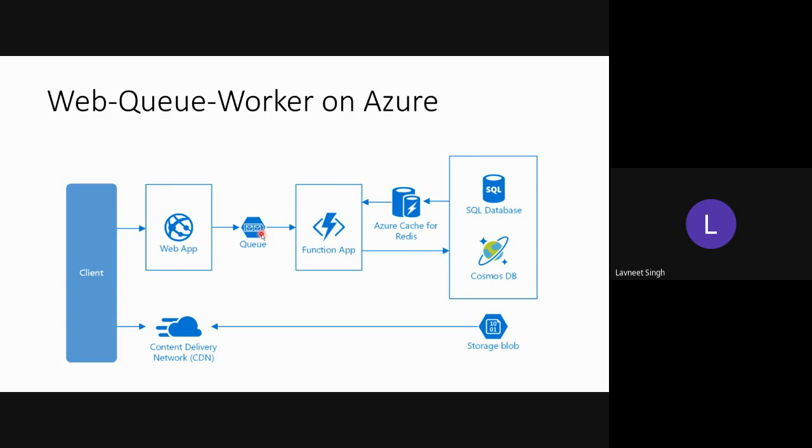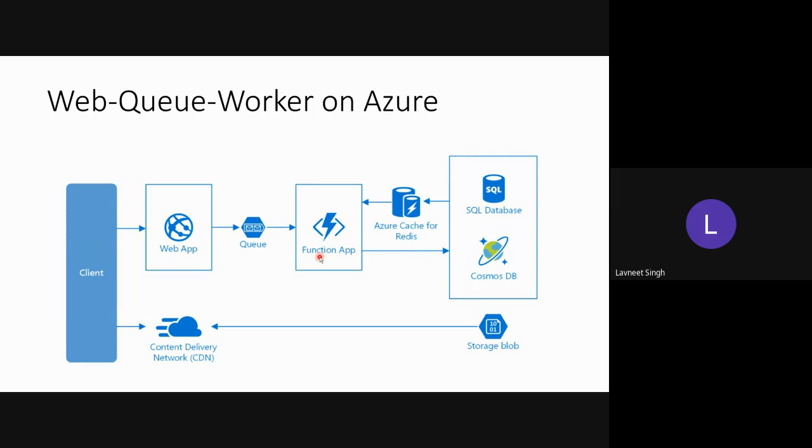Okay, so this function app then plays the role of an asynchronous worker component in the WebQ worker architecture. And this one is asynchronous, right? It is also efficient because it is based on the trigger mechanism. It is not scheduled.